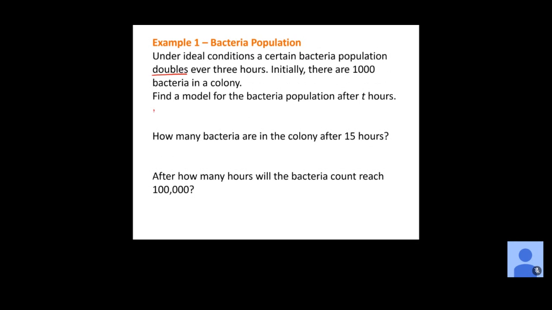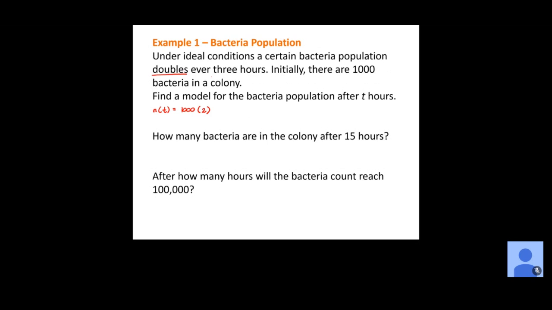Okay, so I'm going to say n of t equals, remember our n sub 0 in this case is the initial population. So the initial population is 1,000. Okay, then we're always going to multiply by 2 if it's a doubling time problem. So it's times 2. And then we're going to do t divided by a, where t is the amount of time, a is the doubling time.